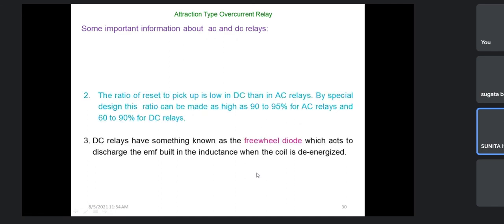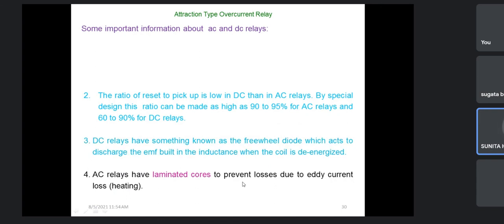And sometimes in DC relays something known as a freewheeling diode is used. So that is used to discharge the EMF built in the inductance when the coil is de-energized. Because actually that is an inductance, the electromagnetic circuit we used. So if we want to de-energize that after operation of the relay, then some freewheeling diode is also used.